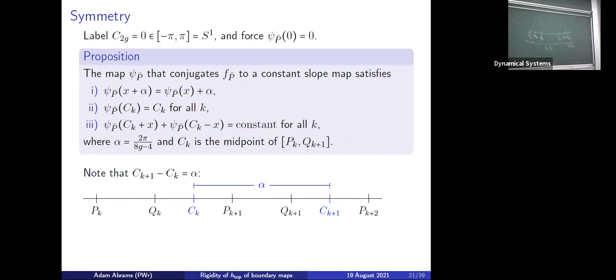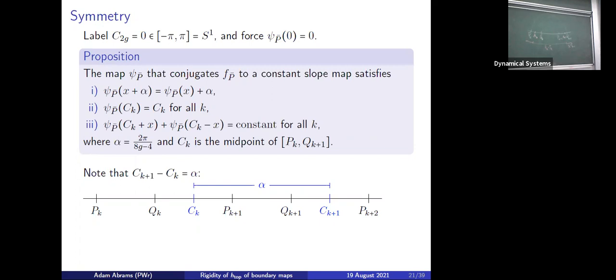It's the point with argument 0. We're also, for convenience, going to say that the conjugating map fixes that point. Since we're on the circle, this map psi p is unique up to rotation of the circle. So we can choose one value for the function at one point freely, and then the rest of it is going to be unique. With those two assumptions in the first line, we have this proposition.